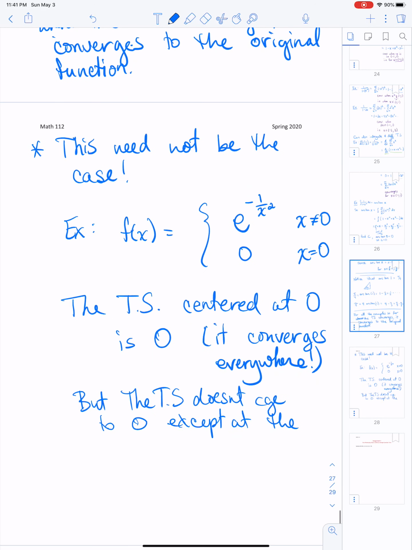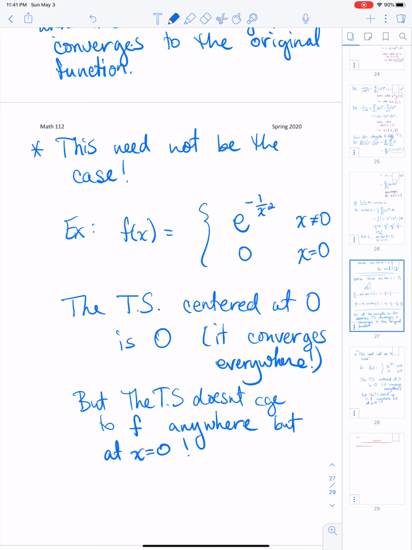I'm sorry, the Taylor series doesn't converge to the function, to f, anywhere but at x equals 0. So let me just show you a graph of this, so that you can kind of see what's happening here.